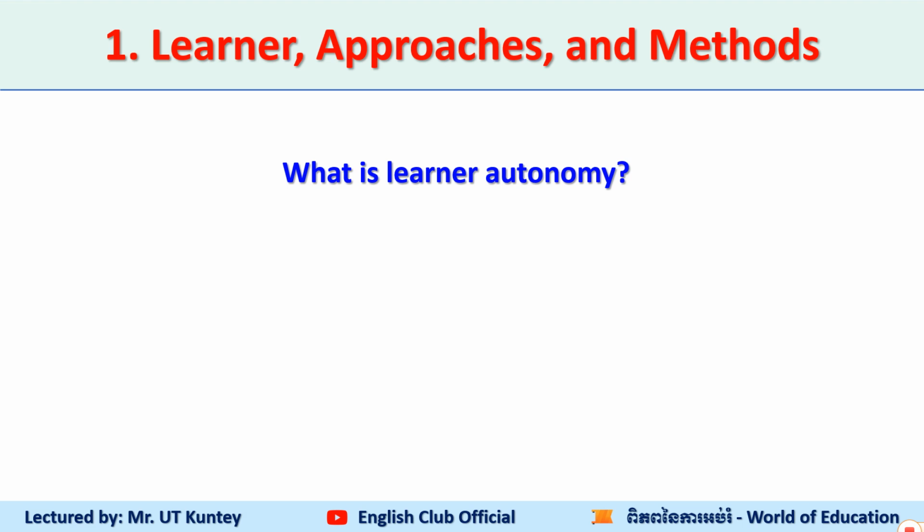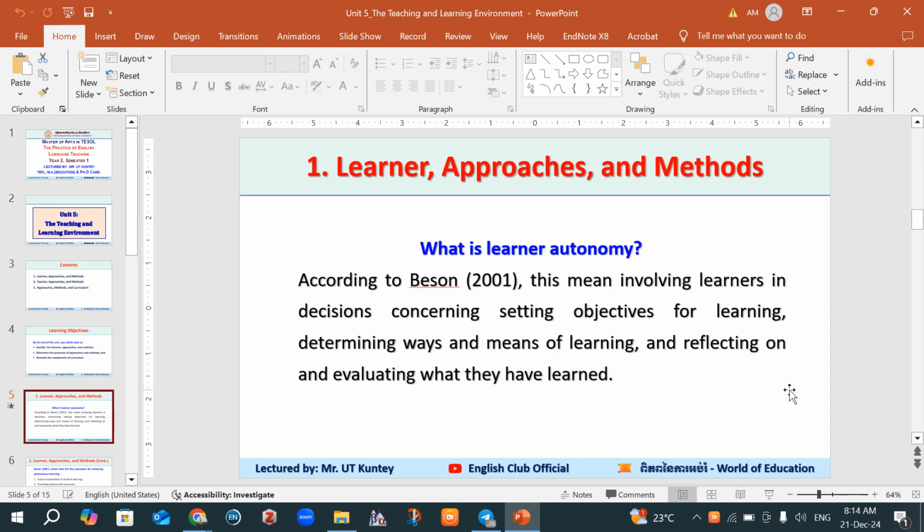So depending on Benson 2001, he gives the definition of learner autonomy. It means involving the learner in decisions concerning setting objectives for learning, determining ways and means of learning, and reflecting on and evaluating what they have learned. So what does it mean?